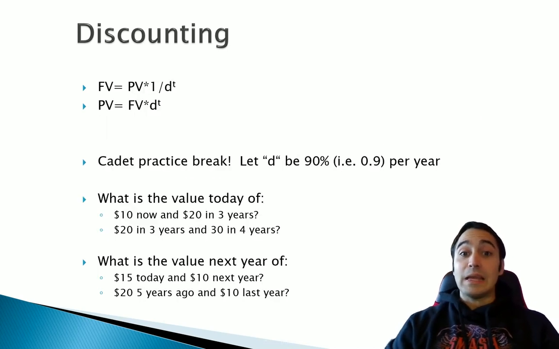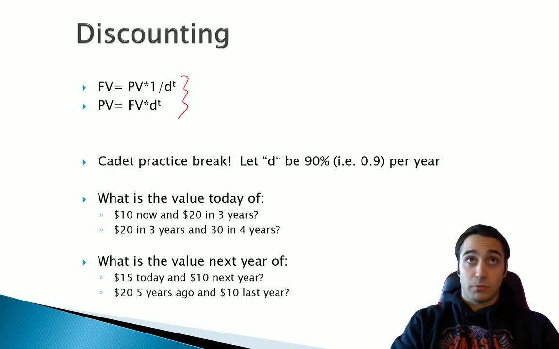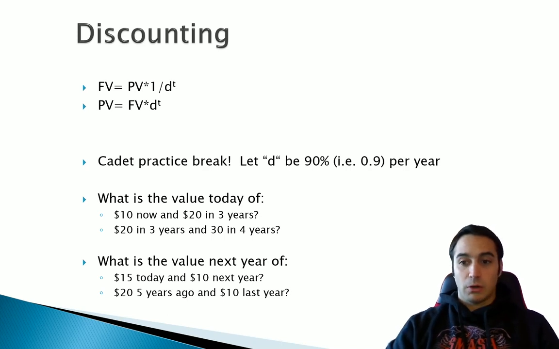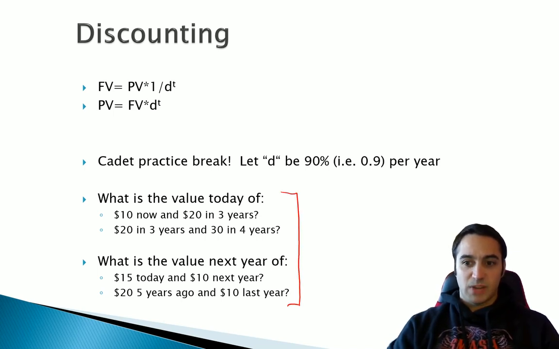So it's easy to talk about these things, but we should take a moment and make sure you guys know how to actually solve problems related to discounting. So here are 4 scenarios. For each, take a moment and see if you can figure out exactly what the valuations are being described. First, what is the value today of $10 received today and $20 received in 3 years?